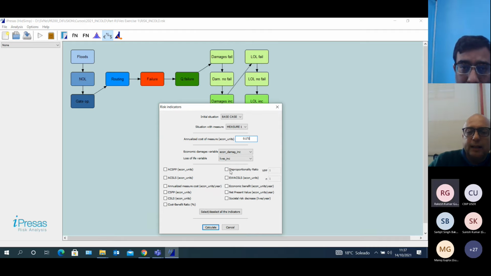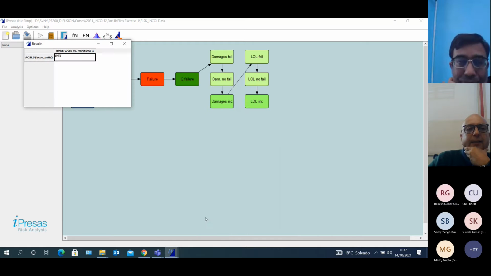Then we can calculate all these indicators, but we said we wanted to check ACSLS. Economic damages and loss of life variables remain the same, and we can calculate, and it's 19.51 millions of euros, rupees, whatever, to save the last saved life, which is exactly the number that we were looking for.